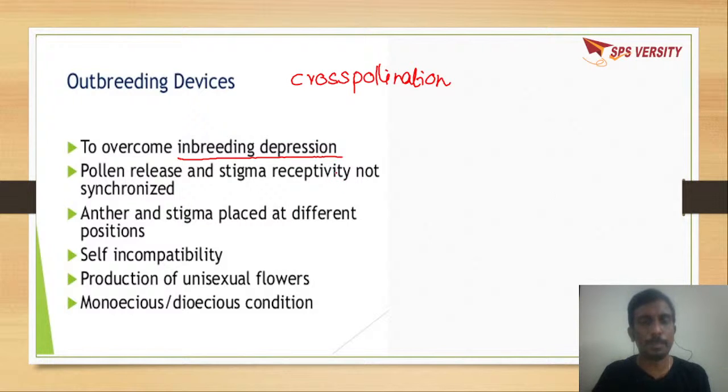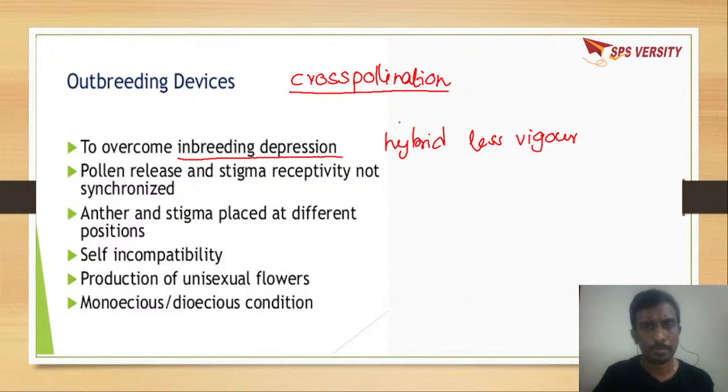Inbreeding depression means the hybrid which is formed has less vigor. To overcome this inbreeding depression, most plants prefer cross-pollination.